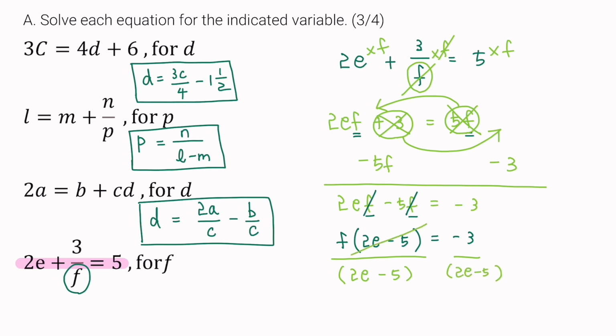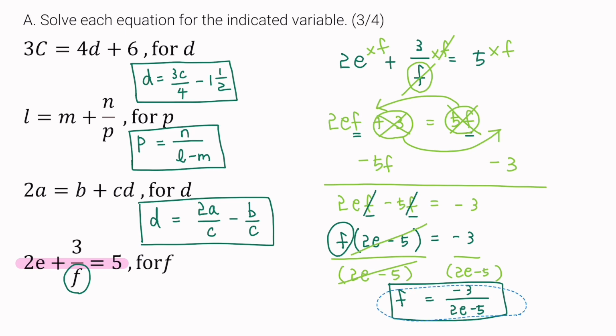That way I can eliminate this expression completely and successfully isolate f, and f is equal to negative 3 over 2e minus 5. And that's going to be our final answer to this final question on this page.